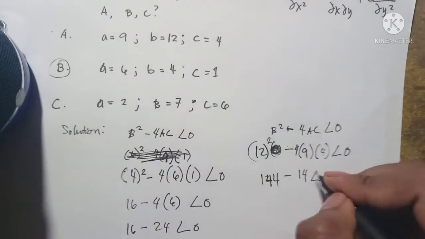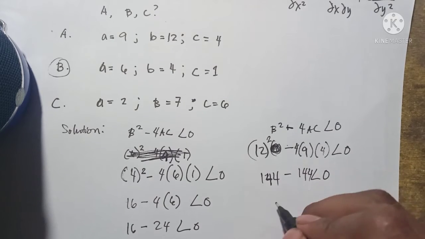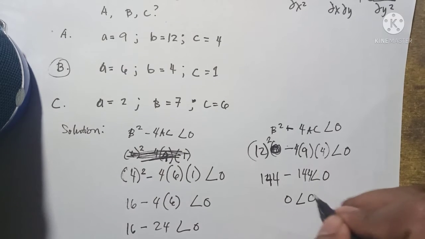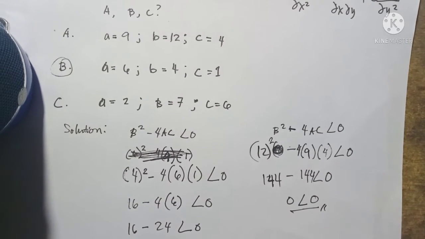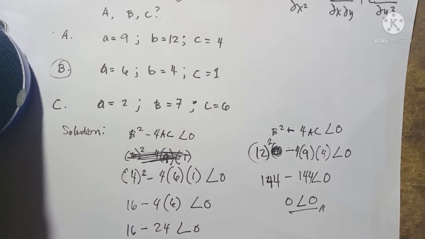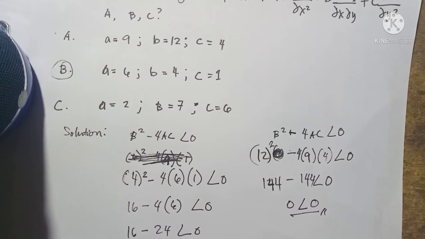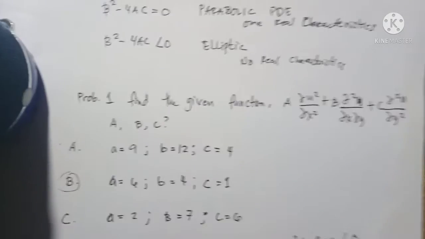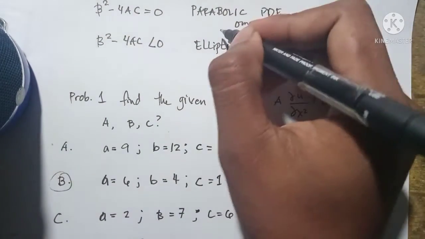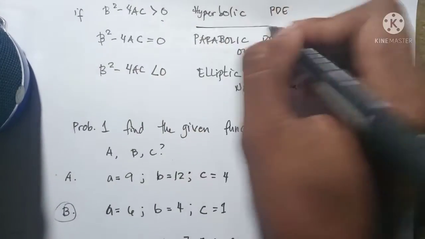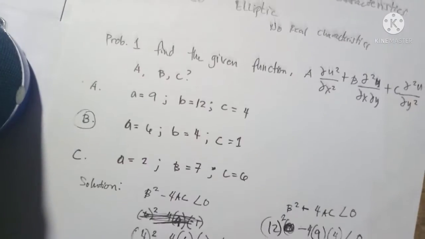So 144 minus 144 is 0. So 0 is not less than 0. When it is 0, this is called parabolic.